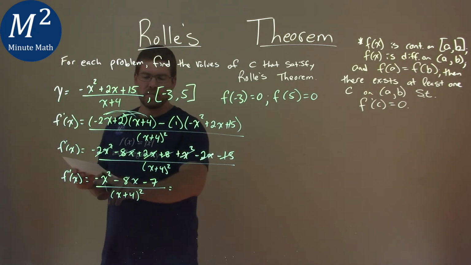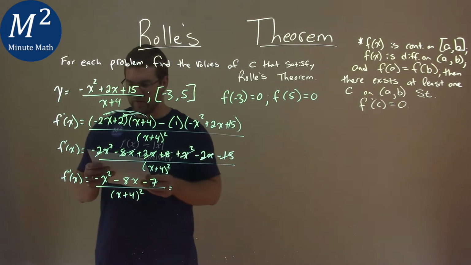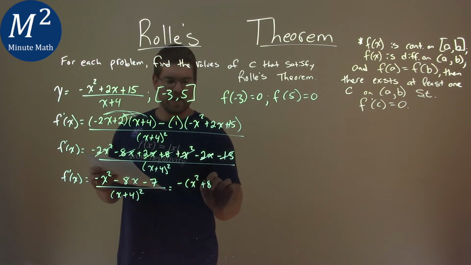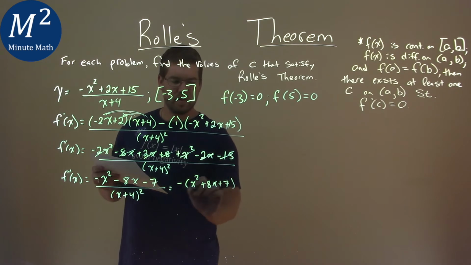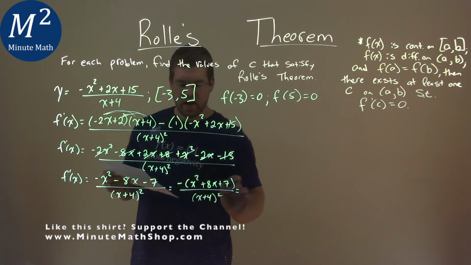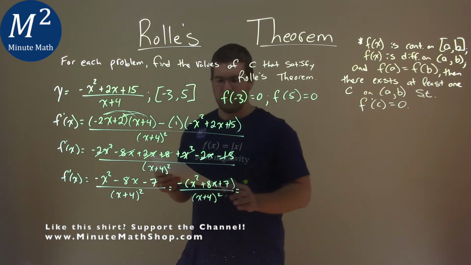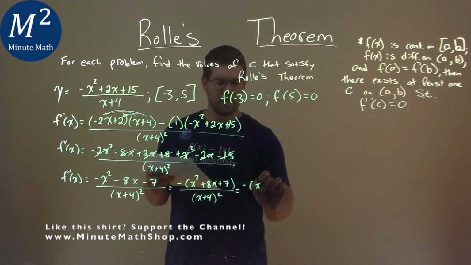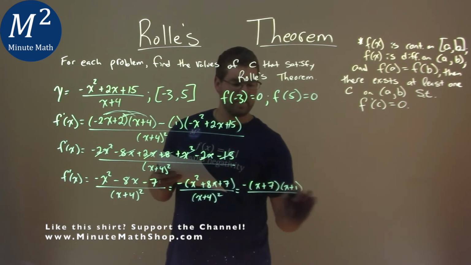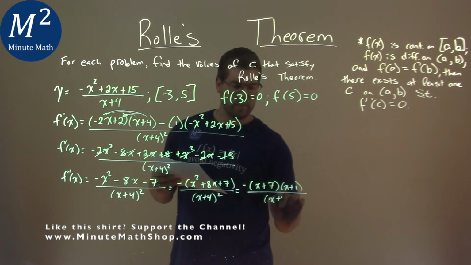Now from here, I like to pull out a negative in my numerator before I try to factor this. So a negative comes out, and I have x squared plus 8x plus 7 over x plus 4 squared. And now the numerator, it's a little easier to see how it factors. We have negative, x plus 7 times x plus 1, all over x plus 4 squared.